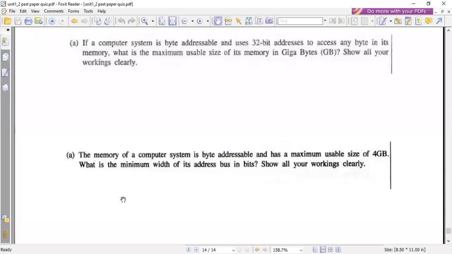The memory of a computer system is byte addressable and has a maximum usable size of 4 GB.